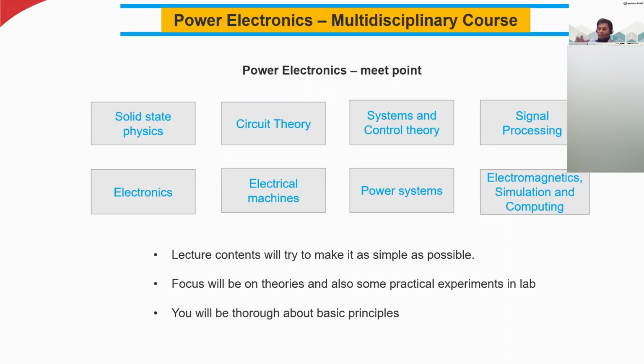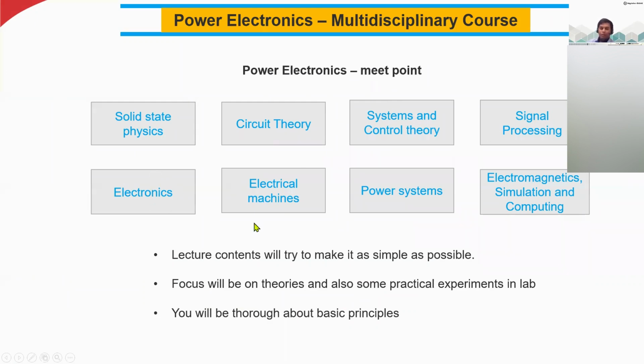Power electronics is just like a junction of different courses. We are going to apply theory from solid state physics, circuit theory or network theory. You have taken this course in your first year or second year, and we will use some concepts from systems and control theory and signal processing, electronics, especially analog electronics.